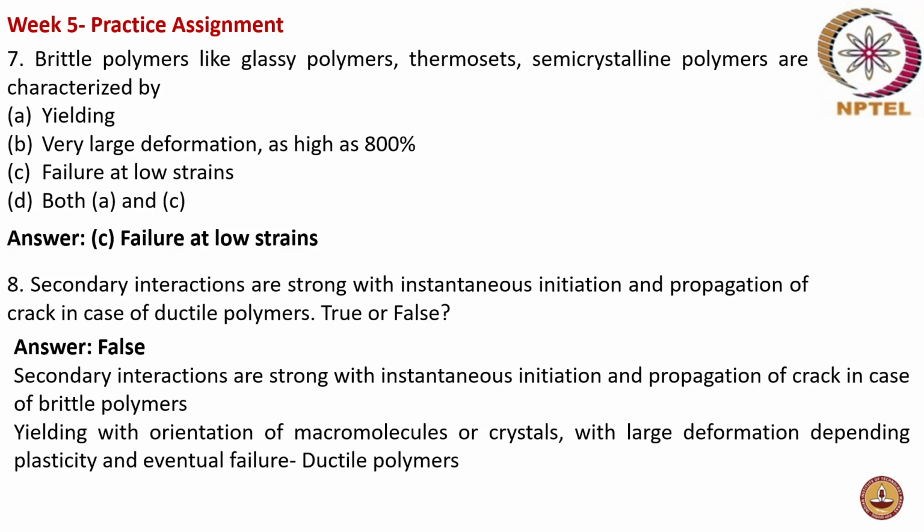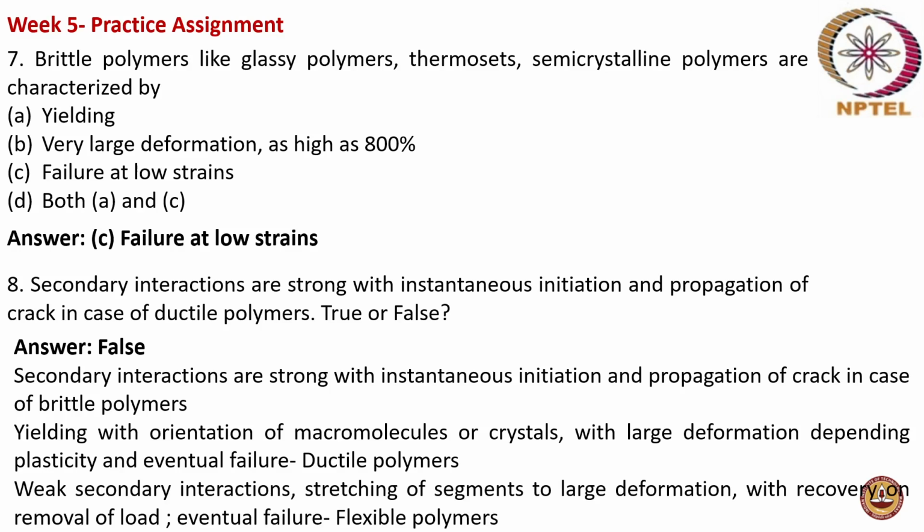Again, the large deformation depends on the plasticity: how plastic the ductile polymer is, so that it can take a larger deformation, or it fails at a lower deformation also. In flexible polymers, since the segments themselves are flexible, the secondary interactions are weaker, but they can take up large deformation, and when the load is removed, they can come back. Or else, if the load is consistent, they may fail. Fine.